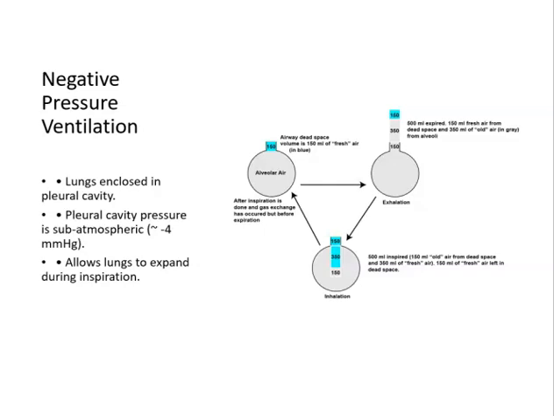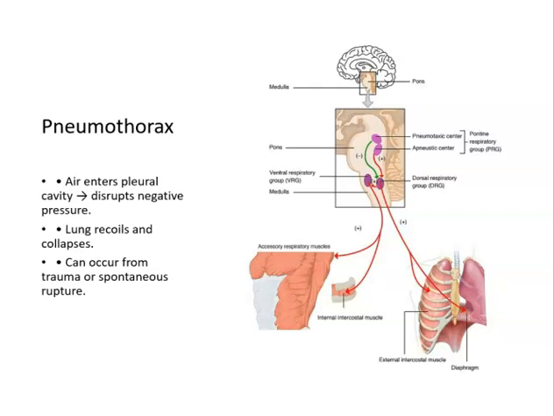And moving on to the pneumothorax. So a pneumothorax happens when air enters into your pleural space, which leads to a collapsed lung. So when you hear pneumothorax, it's equivalent to collapsed lung.